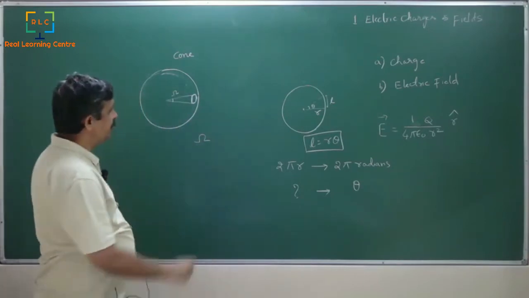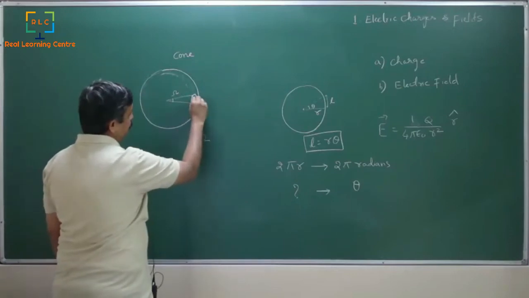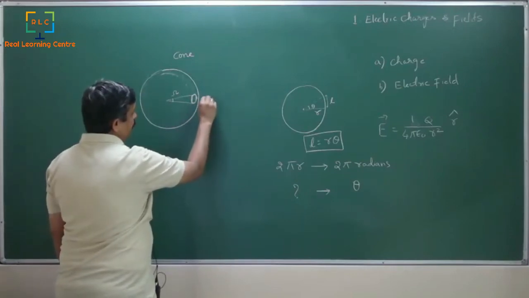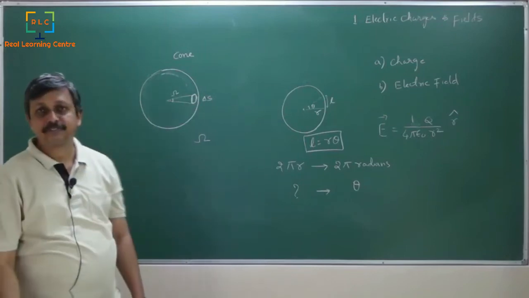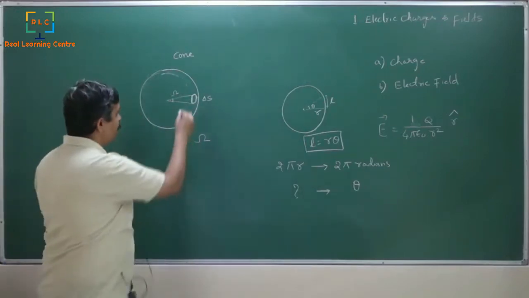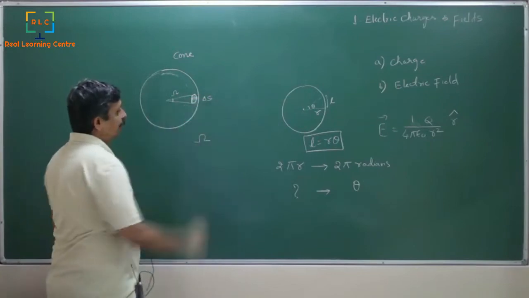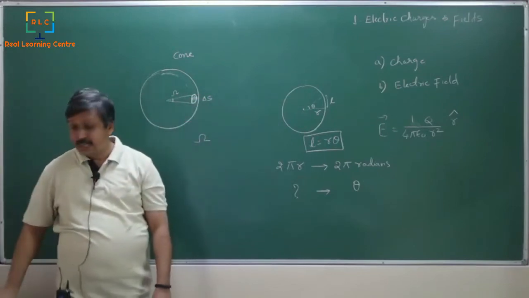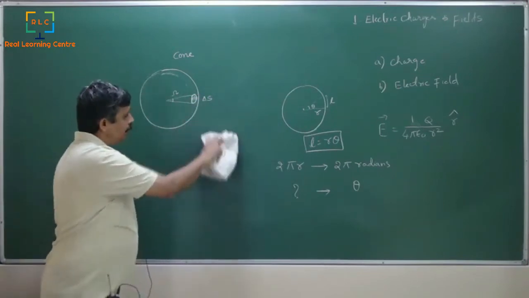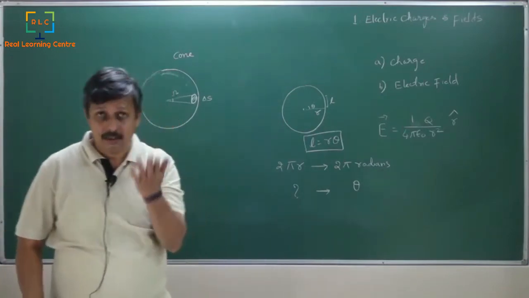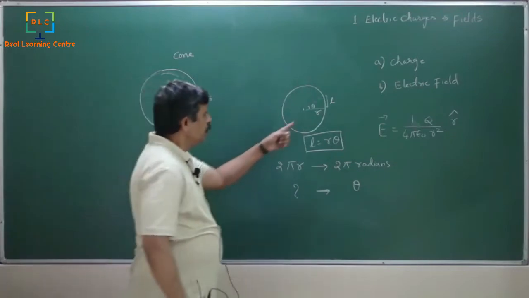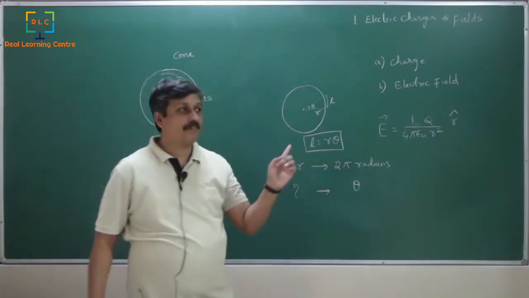And let us say this is some surface. Let us say delta S is the surface, this surface area is delta S. Now, a circle contains 2 pi radians of angle.